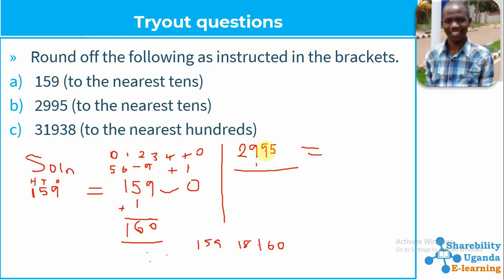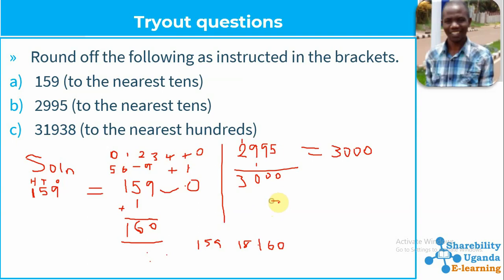Okay, when you add 1, remember all these numbers are going to be zeros. These are zeros, and this becomes 10. You write 0 or 1, so this is going to be 3. So we can say that now this number is approximately 3,000.